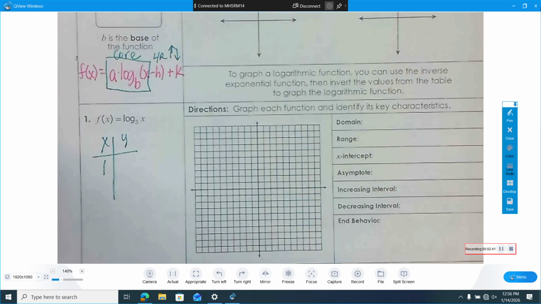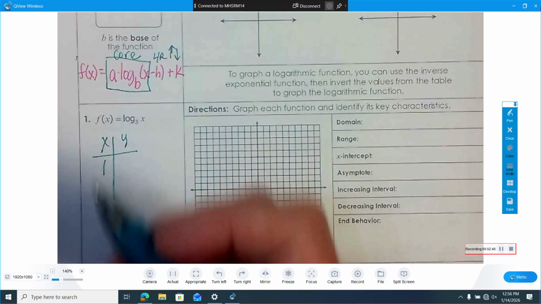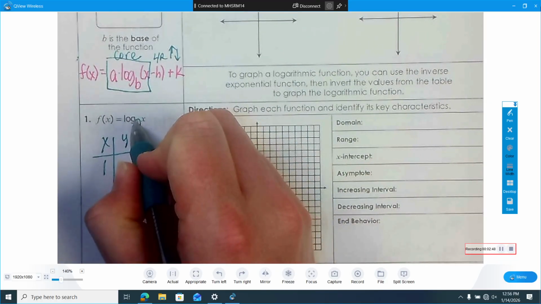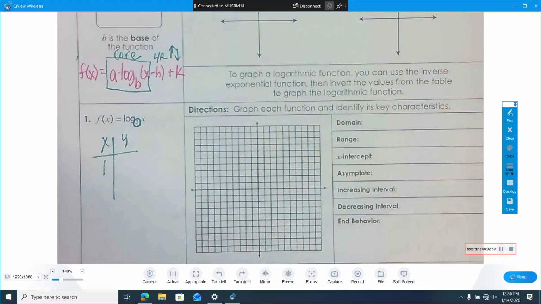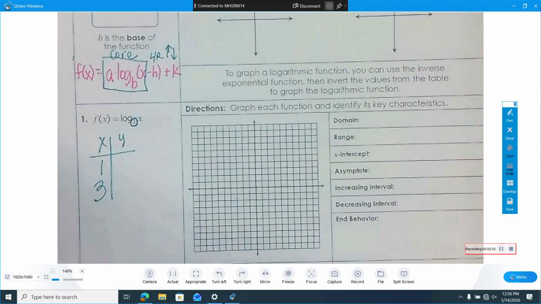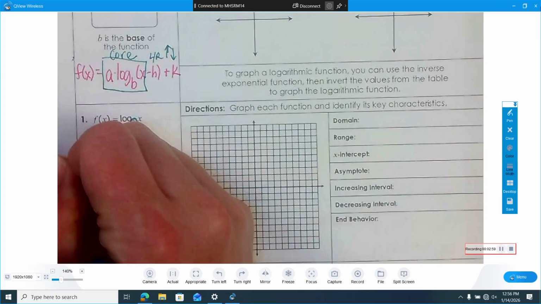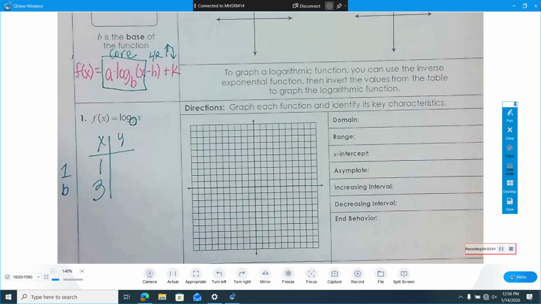The log of 1 is always 0, which I'll talk about again, just to remind you. And then we're also going to use whatever the base happens to be. So if my base is 3, I'm going to use that as a value as well. So we're always going to use 1 and the base, whatever those happen to be.